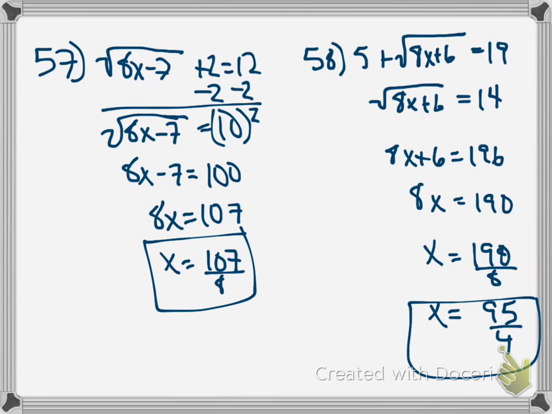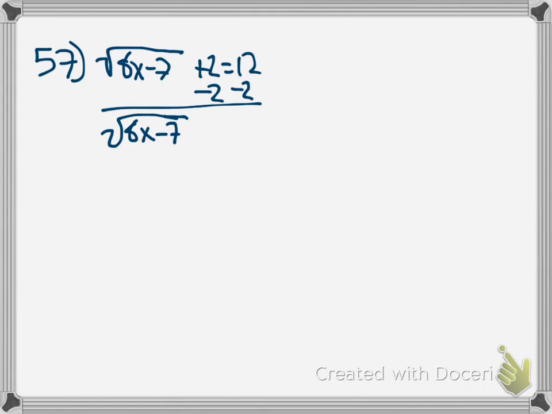Here's 57 and 58, and I'll go ahead and let them play through. You don't need me constantly explaining, they're the exact same steps. Notice that you would add 2, then you square.